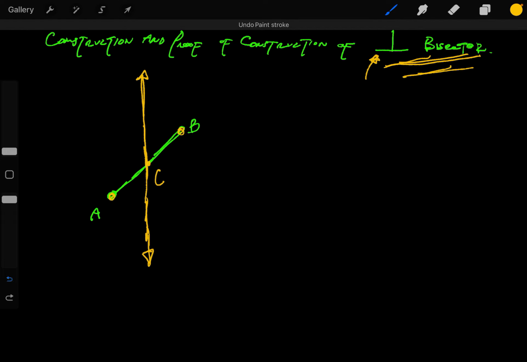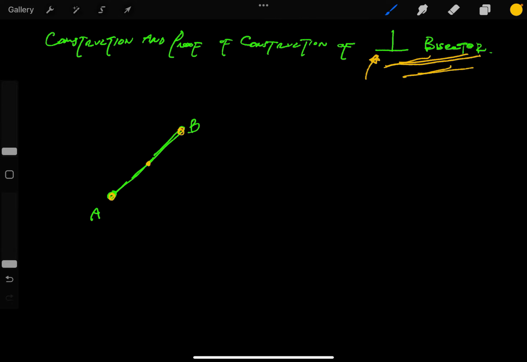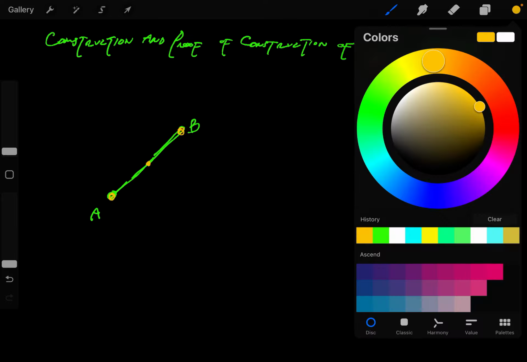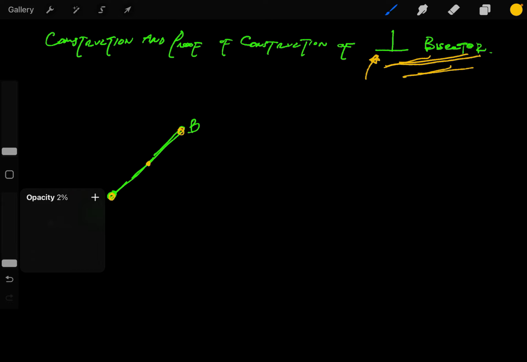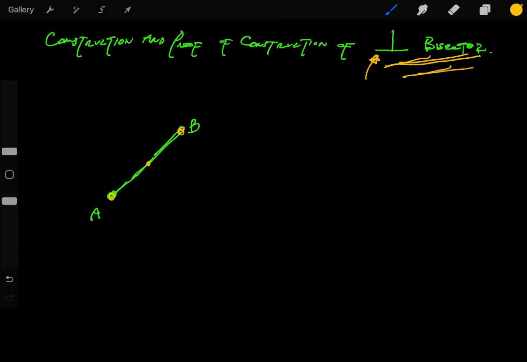Likewise, this line here is also a bisector of AB, but again, it's not perpendicular to AB. And to put it in contrast even further, those lines were bisectors. This line right here is indeed perpendicular.